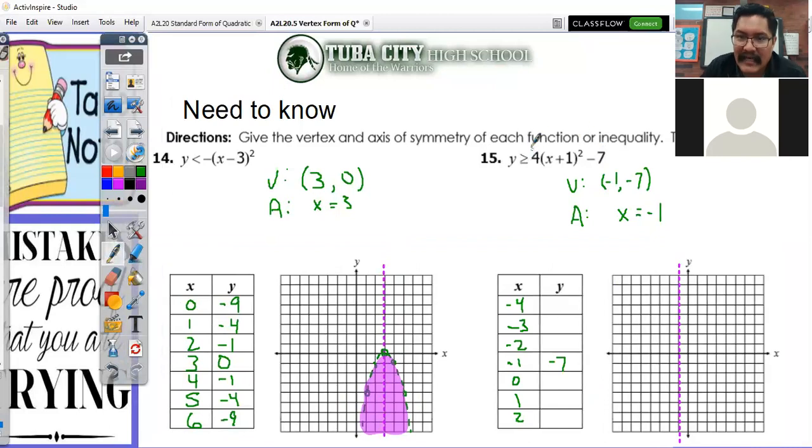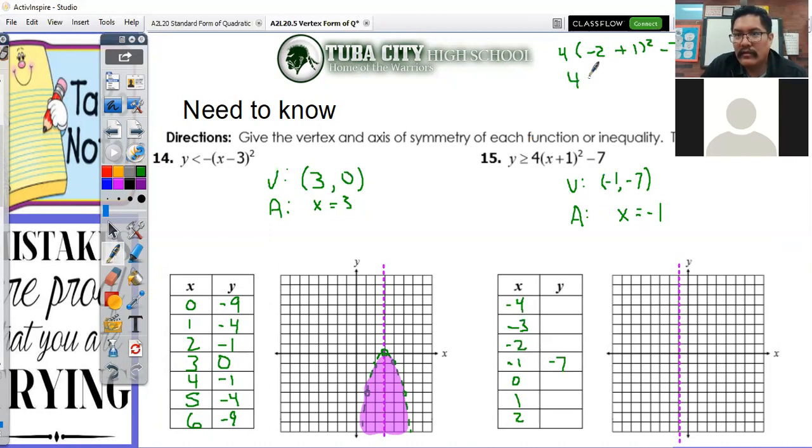And because this one has a 4 here as the A value, that means that we cannot use the rule of odds. So we are going to have to do this one the long way around. So let's go ahead and plug in our numbers. So x will be 2 for this first one, plus 1 squared minus 7.